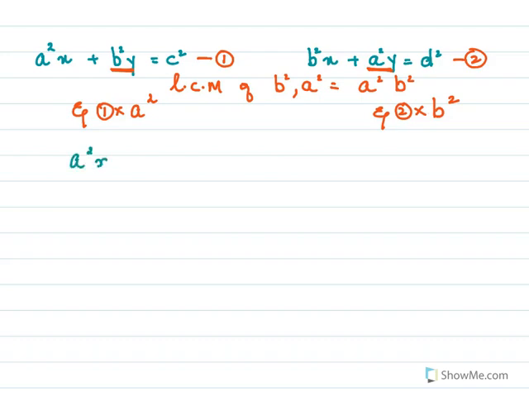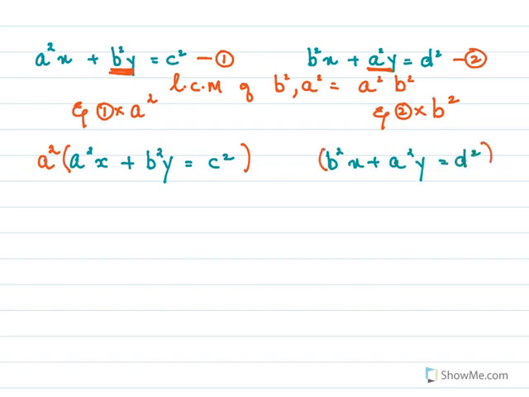So I have a square x plus b square y equal to c square, and I have to multiply this by a square. Remember, I'm equating for y here. In this case we have b square x plus a square y equal to d square, and I'm now multiplying this by b square.